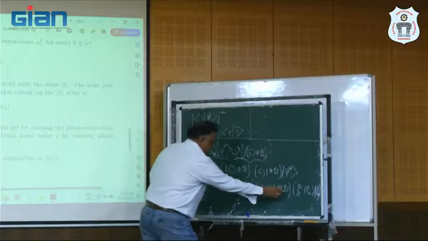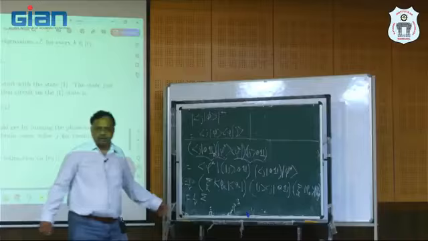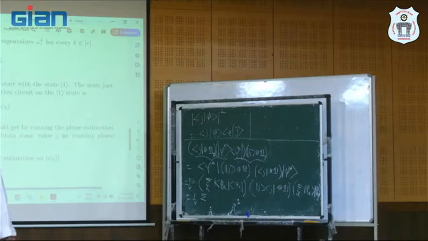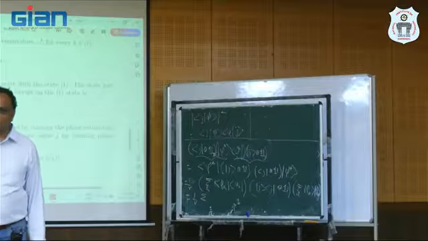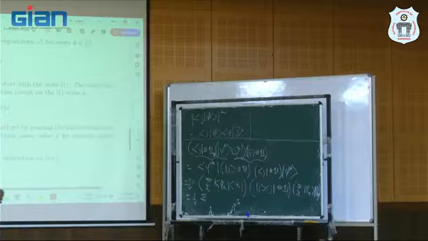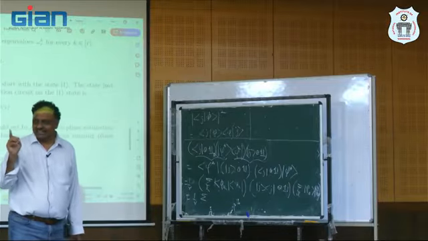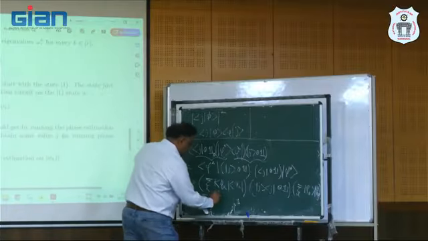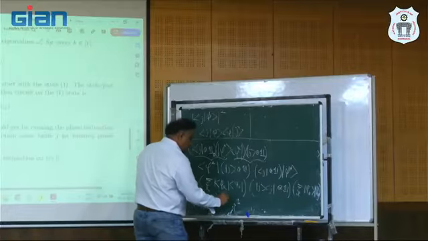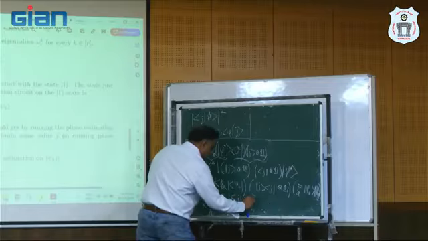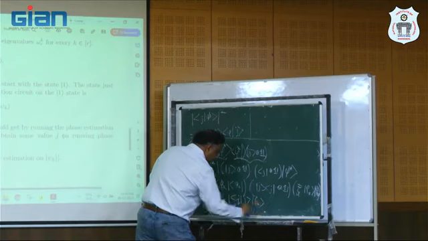Psi k and psi L with identity gives you psi k inner product psi L. What is that? 0, because eigenvectors form an orthonormal set. Agreed? So only k equal to L is remaining. What is it? Psi k, phi k with J, J and phi k, correct? This is remaining.